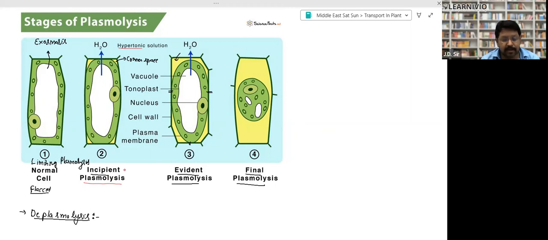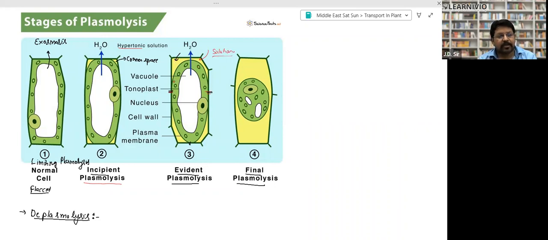Then the third stage: more water is coming out. When more water comes out, the protoplasm will remain connected with the cell wall or cell membrane at some places, and at most of the places the protoplasm will leave the cell wall, and the hypertonic solution will get filled in this area.